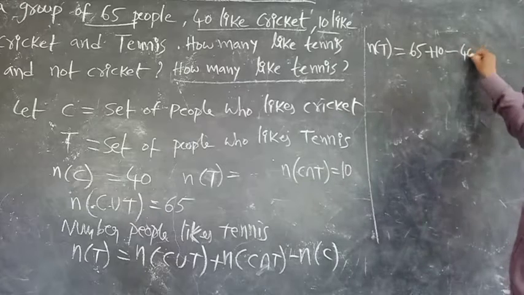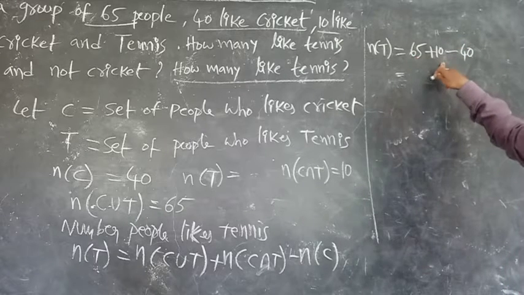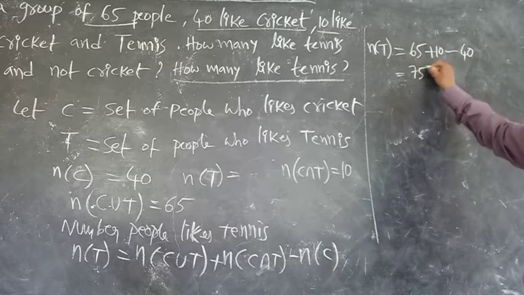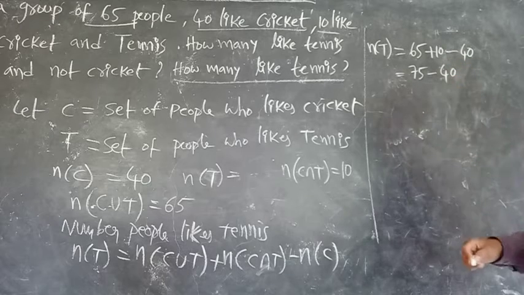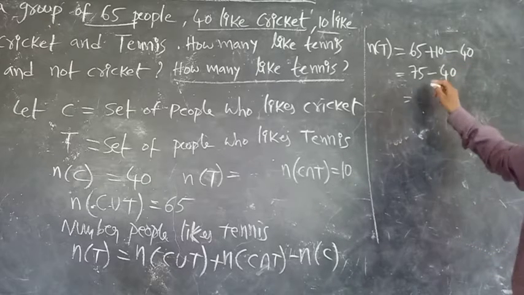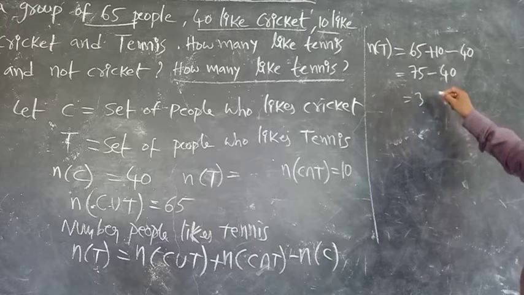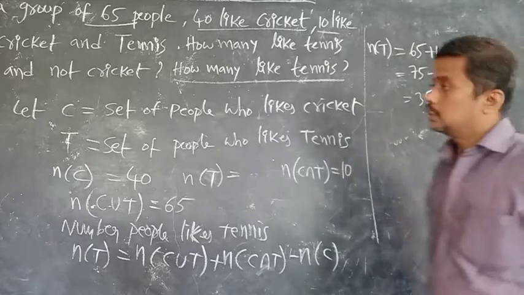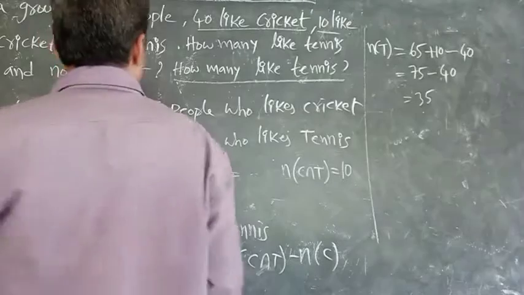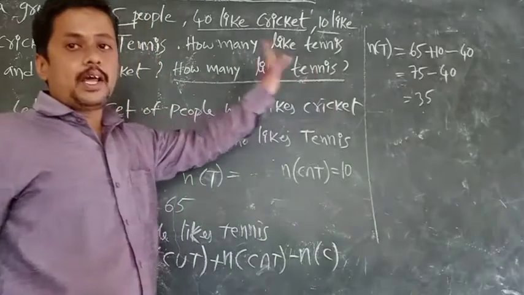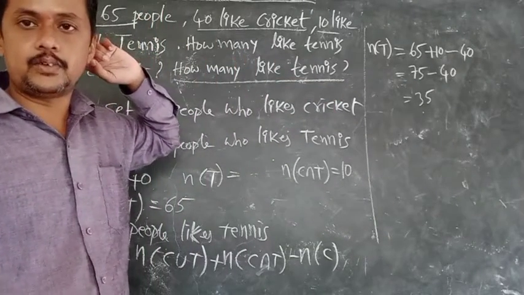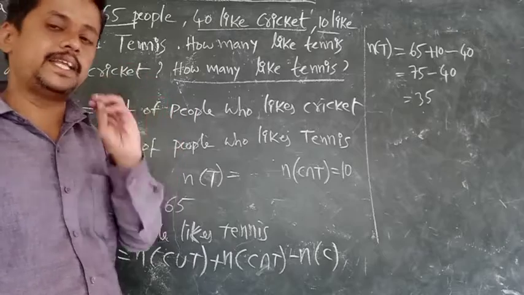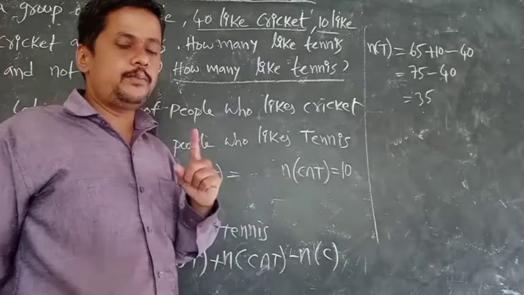Calculate: 65 plus 10 is 75. 75 minus 40 is 35. So this is the answer: 35 people like tennis.